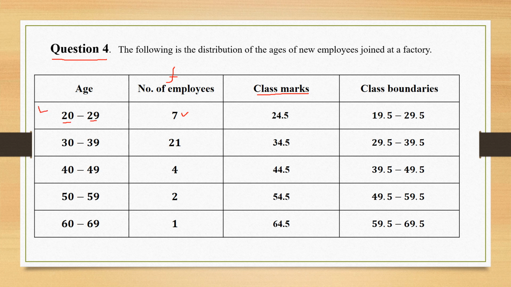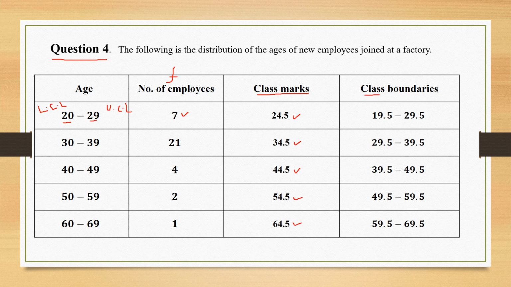The first element is the lower class limit, and this 29 is the upper class limit. So we add both the numbers and then divide by 2, so the answer will become 24.5. Similarly, the class mark of the second group will become 34.5, then 44.5, 54.5 and 64.5.